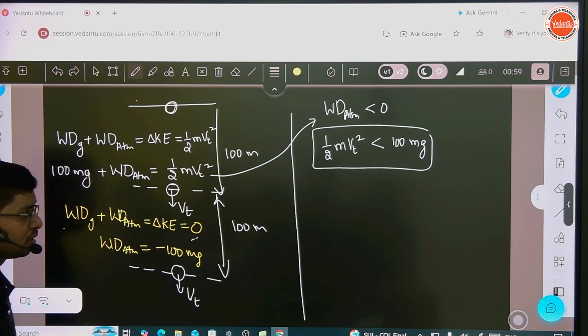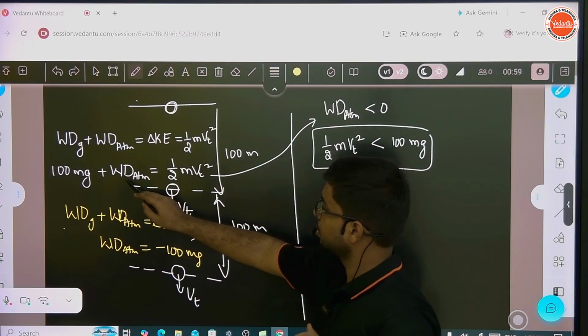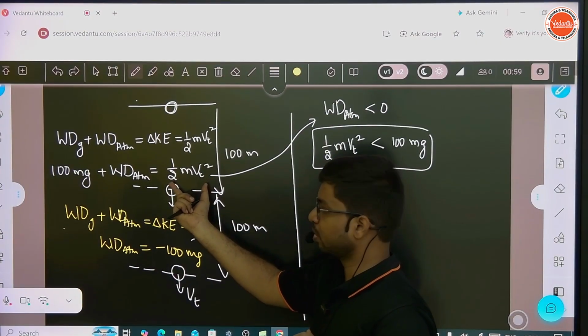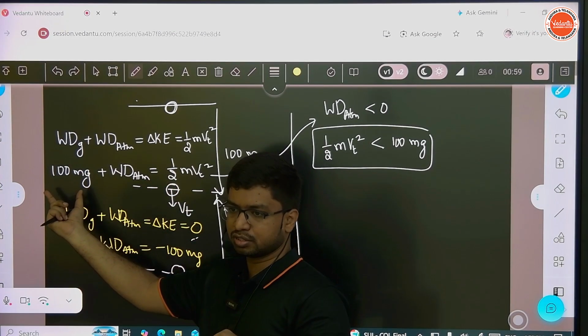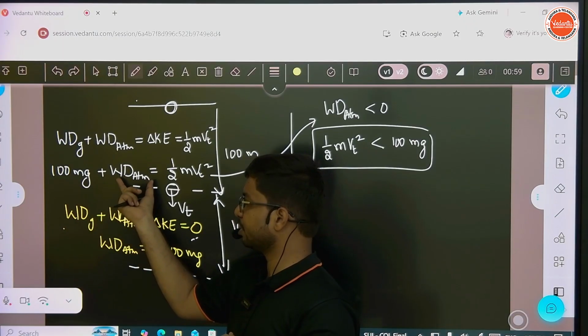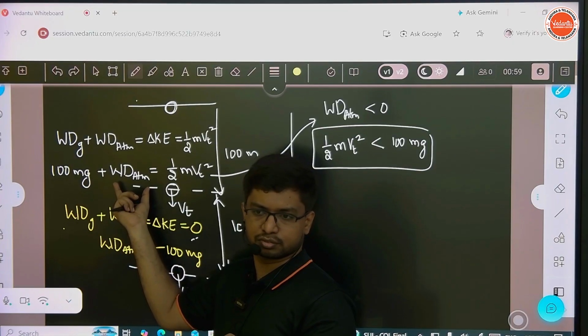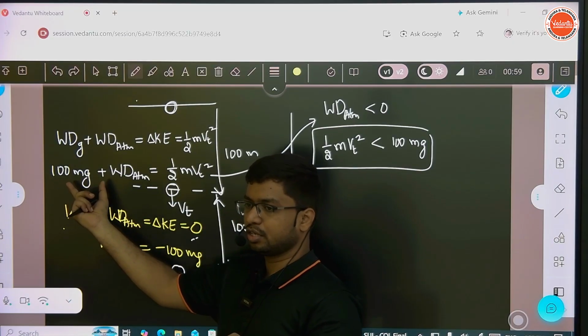Correct or not? Right? Now, over here, if this is a positive quantity, this should be a quantity which is less than 100 mg. The magnitude of this one should be less than. I know that this is negative. But there should be a quantity less than 100 mg.